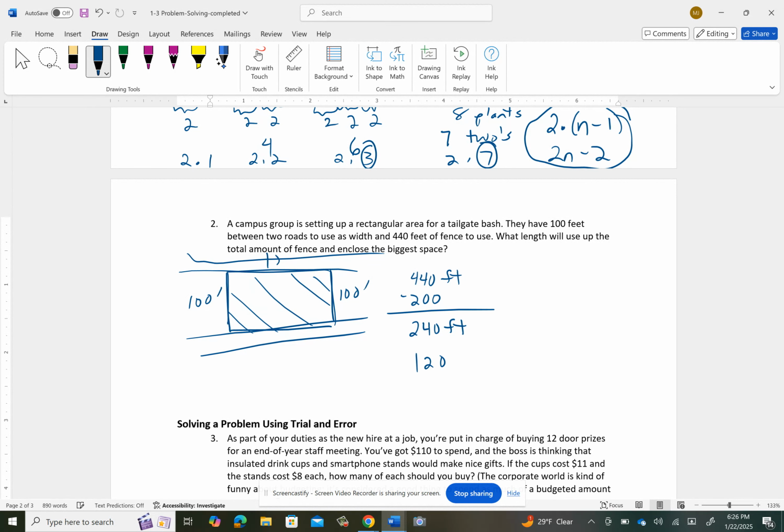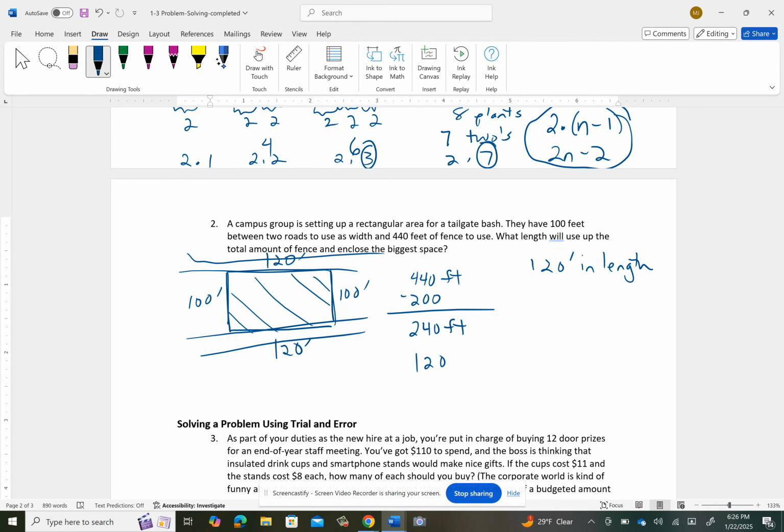So I'd have 120 there and 120 there. All right, so it seems like 120 feet is the answer then. What length? 120 feet in length. That would use up all the fencing.